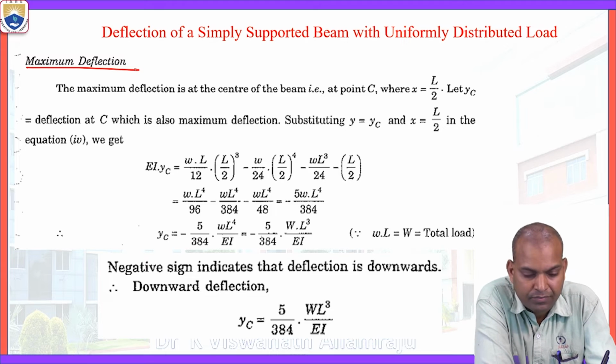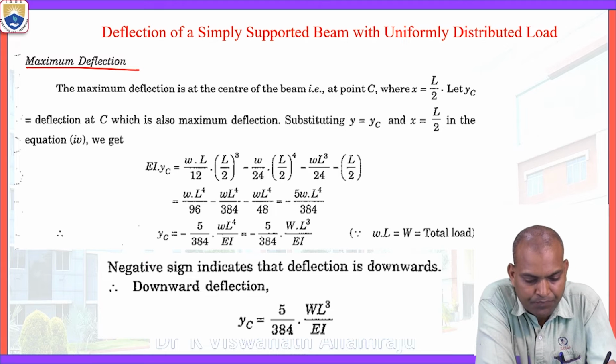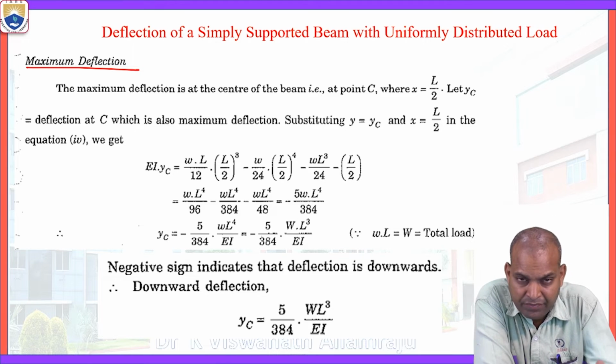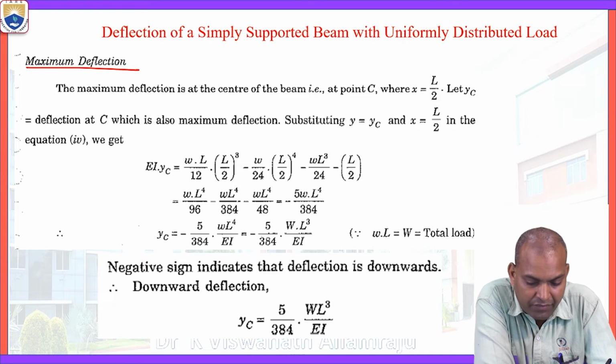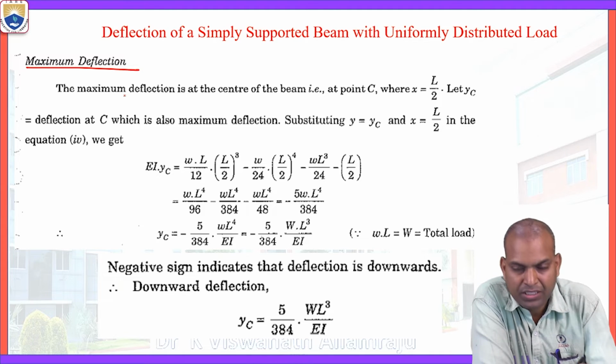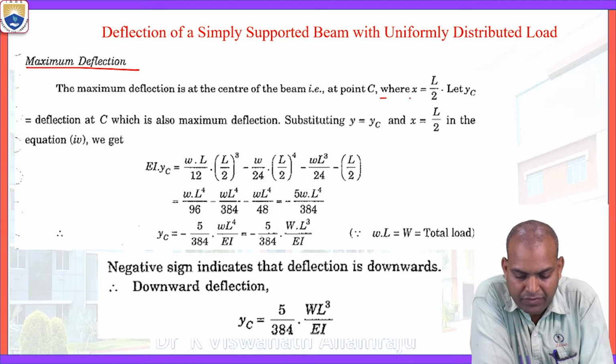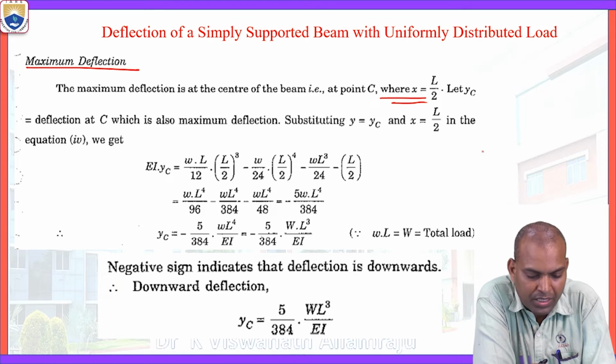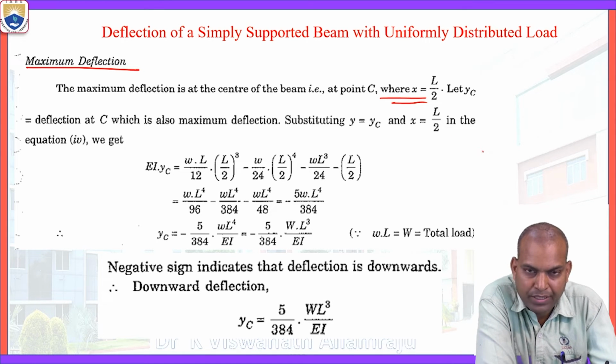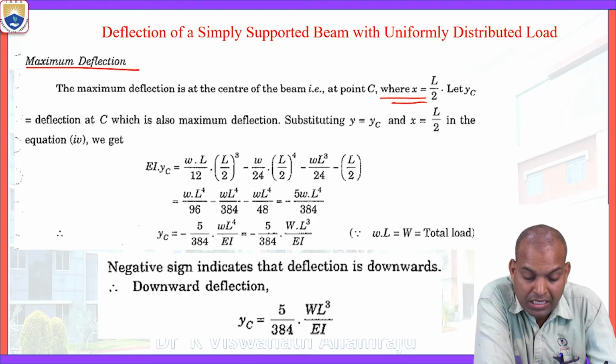We will need the maximum deflection. Where will the maximum deflection happen? At the center, point C, that is the maximum deflection at the center of the beam, where x equal to L by 2. Substitute x equal to L by 2 in the deflection equation.